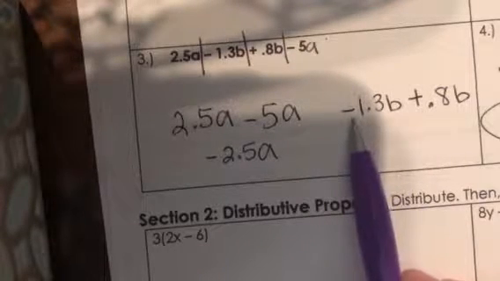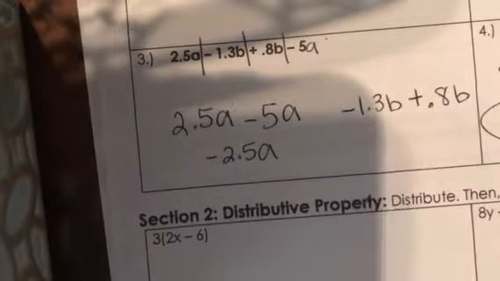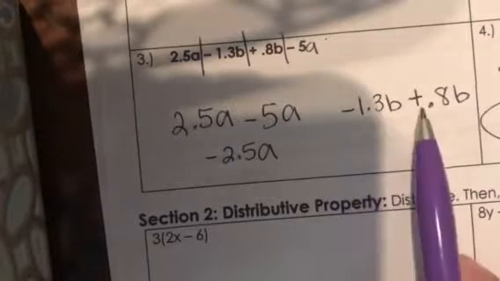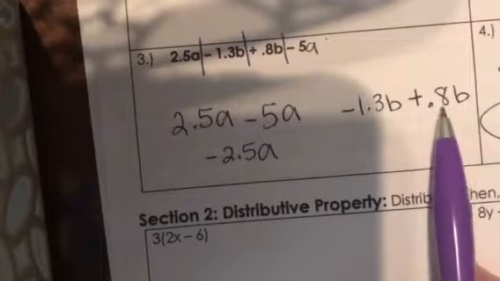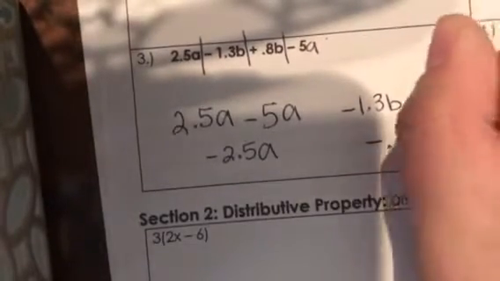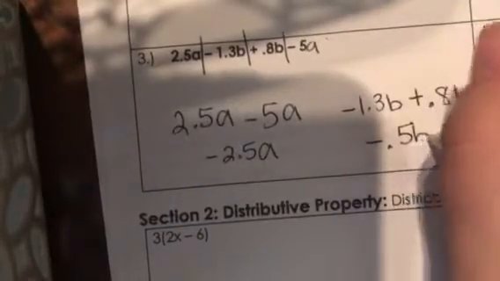Make sure you hit a negative 1.3. Remember to use the negative sign that is below the 3, not just the subtraction sign. So if you type in negative 1.3 plus 0.8, you will get an answer of negative 0.5. Now remember to include the B.